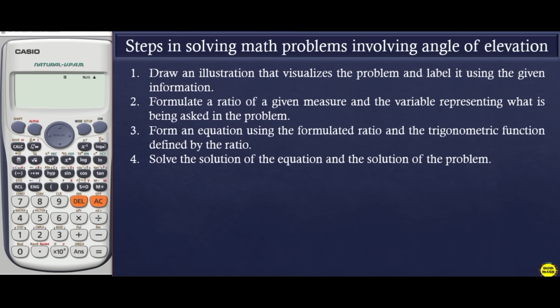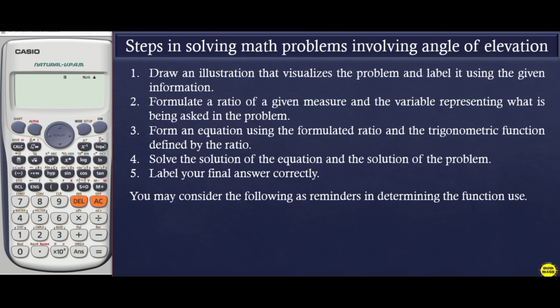So, solve the equation and the solution of the problem. And then, don't forget to label your final answer correctly. So, ililabel po natin yung sagot natin, lalo na when it comes to the units. Kung ito ay feet, ito ba ay meters, lalo na kapag ganon.